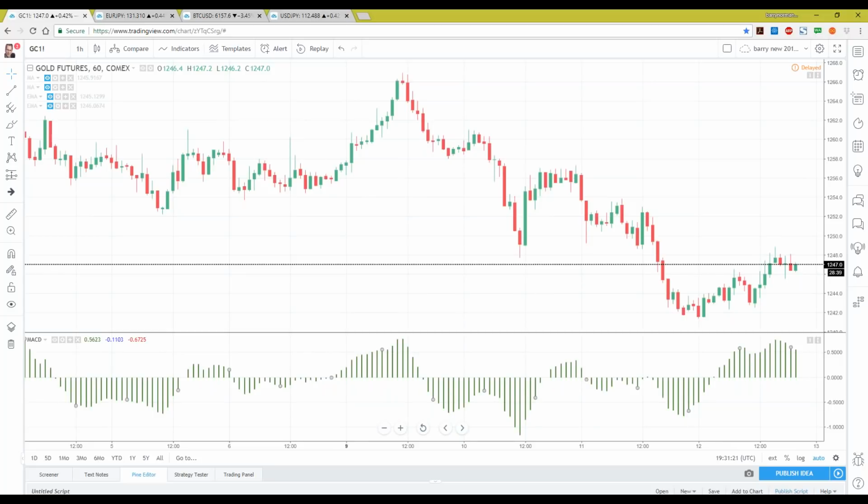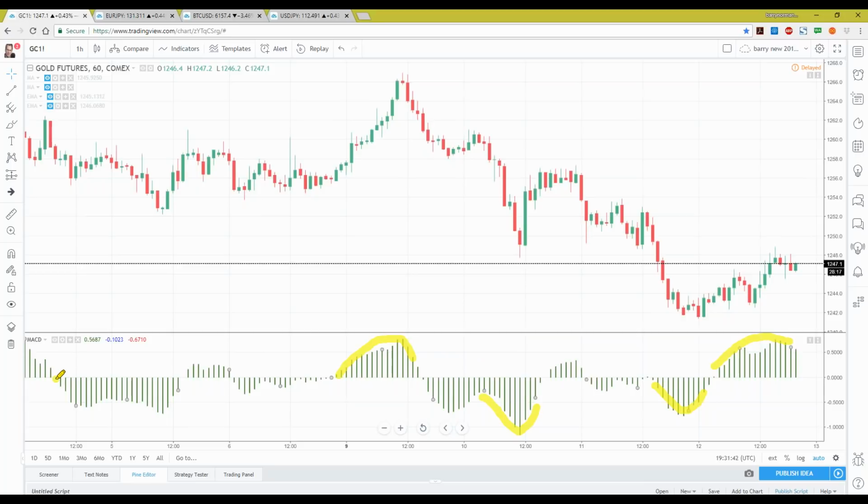So when we see these large peaks or valleys, not just a peak or valley, but a large move, it's telling us that the asset is overbought or oversold. Too much buying or too much selling.